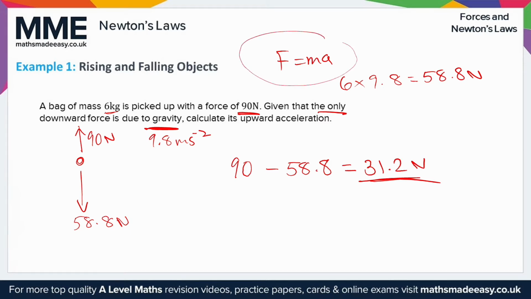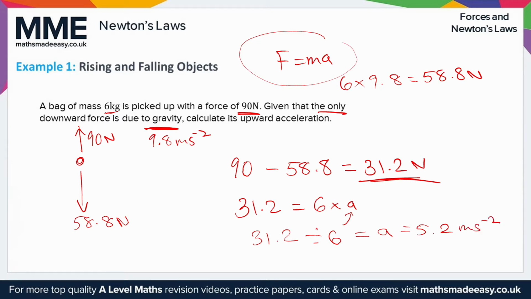So again, using F equals ma, we have 31.2 equals our mass, which is still 6, times our acceleration. We need to figure out what this a is. This is a pretty simple linear equation, so we can just do 31.2 divided by 6, and that will give us our acceleration. So that will be 5.2, and as it's an acceleration, it will be meters per second squared.